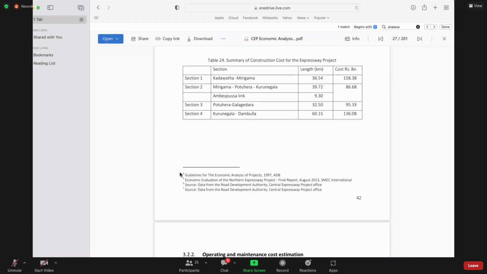But still, we need to know how these things are done, isn't it? So what you mean by economic value, why you need these conversion factors, all those things. So any questions?